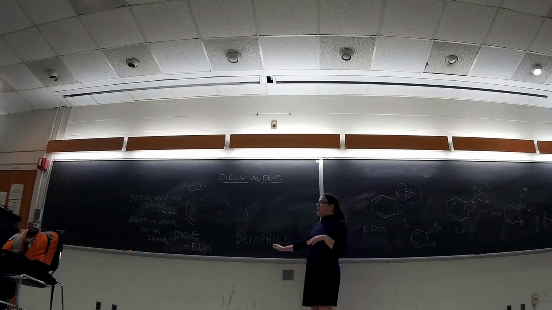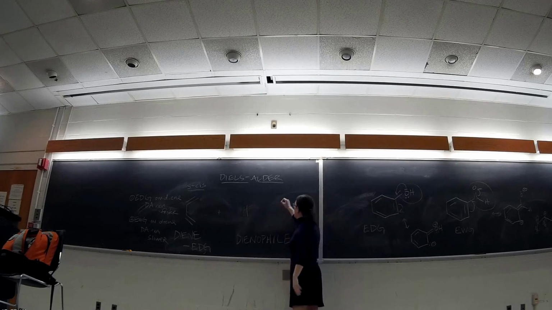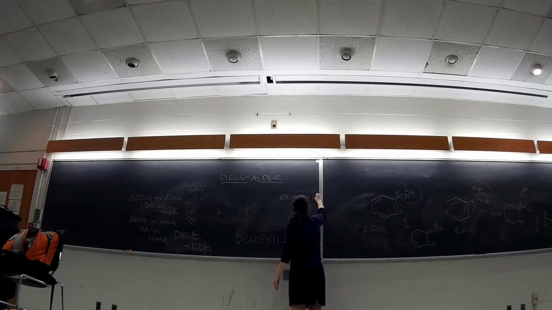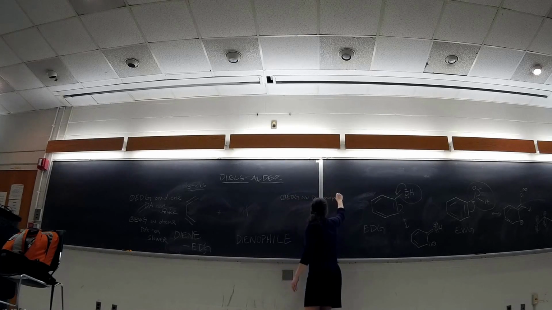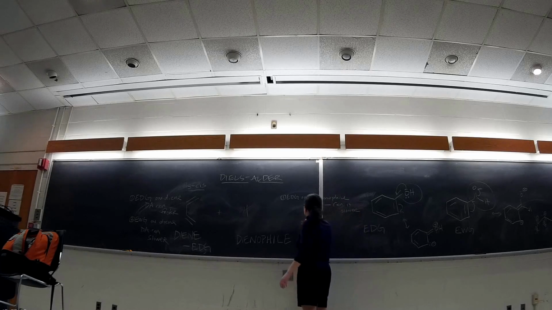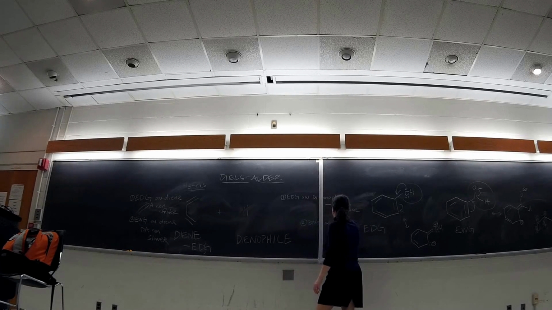The other piece is from the dienophile. Now, I can take the same knowledge. I can say that an electron donating group on the dienophile makes the reaction slower. Whereas, evidence shows that I put an electron withdrawing group on the dienophile, the reaction is faster.